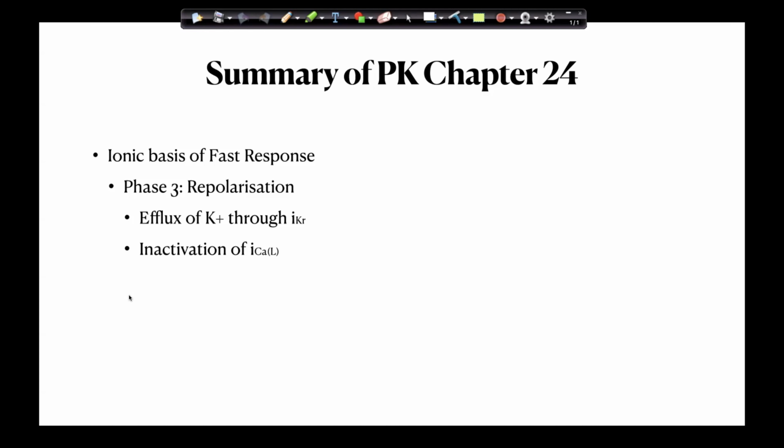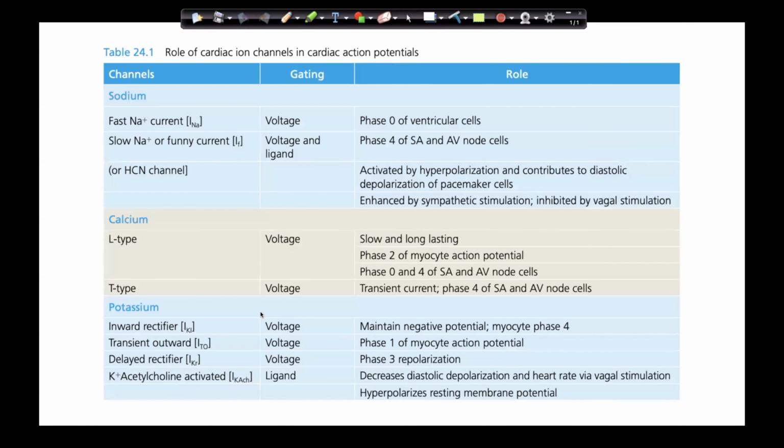And then it's also caused by the inactivation of the L-type calcium channels. Now, the reason why I want to point this IKr out is because when you look at Pappano and Katz and the table that they have provided, IKr for them is the delayed rectifier. So they haven't specified whether that's rapid or slow.